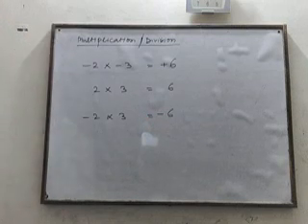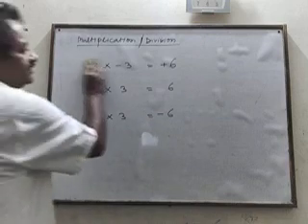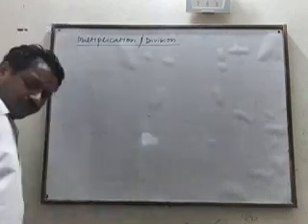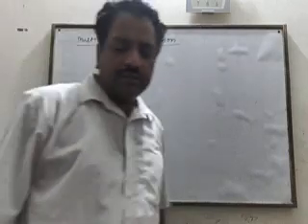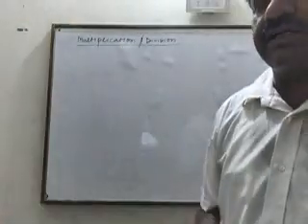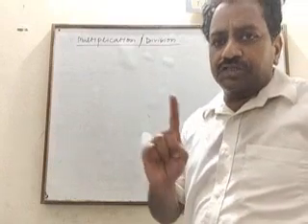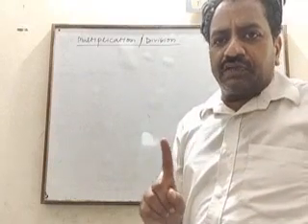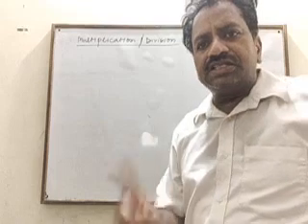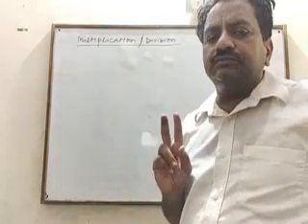So this is how we do multiplication. Remember these three rules. They are difficult to learn, but they will give you the exact answer. First rule: same sign figures will be added and the sign will remain the same in the result.